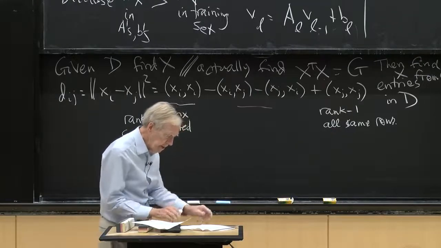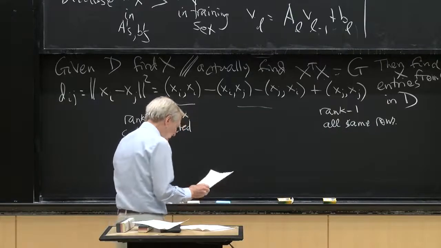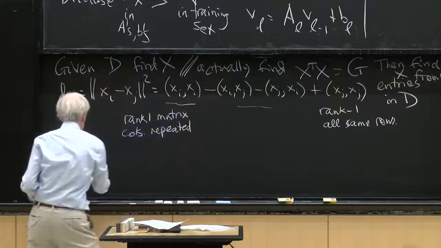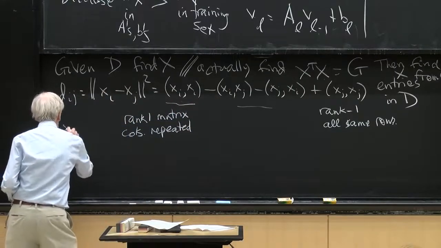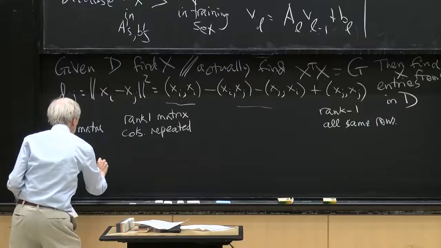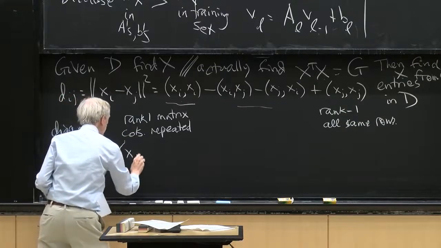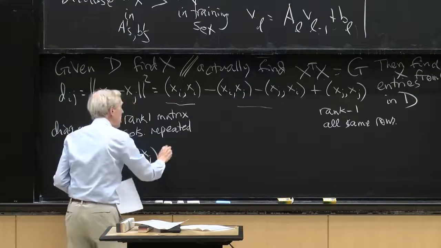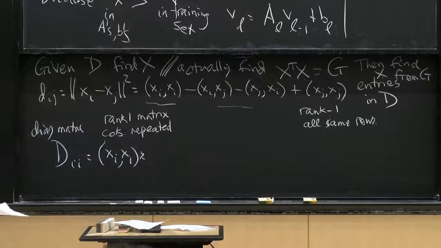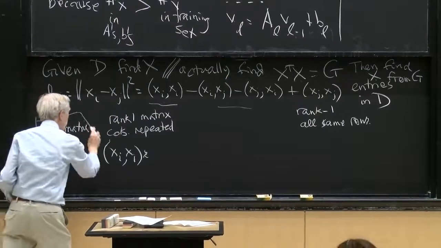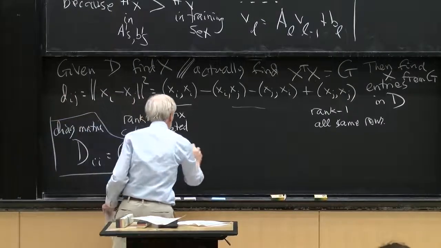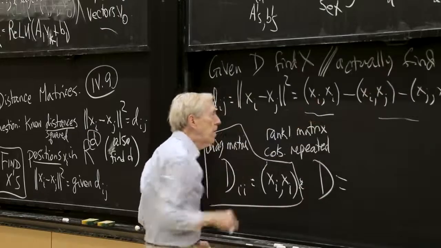Let me write down what I have here. So let's say a diagonal matrix with dii as the inner product xi with xi. We're getting partial information from here. I'm introducing that notation because this is now going to tell me that my D matrix is, so what is that?